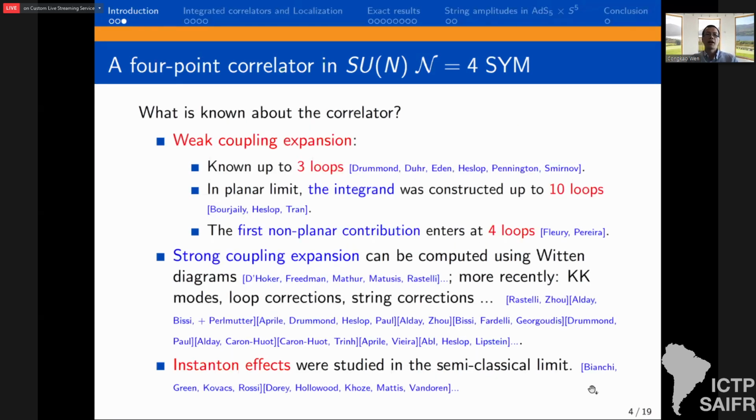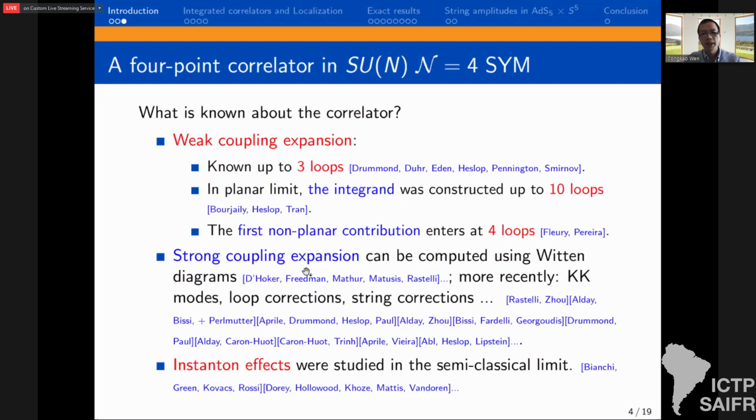All right, what is known about this correlator? Well, in perturbation theory, it was computed up to 3 loops. As for the integrand, in the planar limit, the integrand was constructed up to 10 loops. An interesting fact is that the non-planar contribution only starts at 4 loops, and the integrand was also constructed.